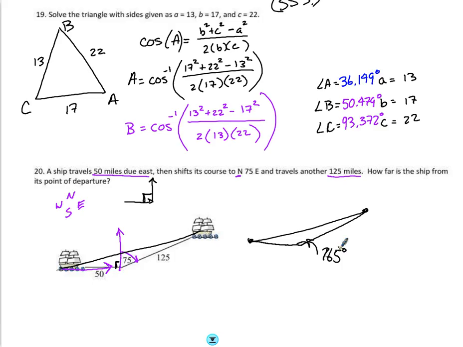So once I know the two sides adjacent and the included angle between those two sides, this is an example of side angle side. So if I'm trying to find the actual distance between the starting point and the ending point, I'm going to use law of cosines to find that value right here.